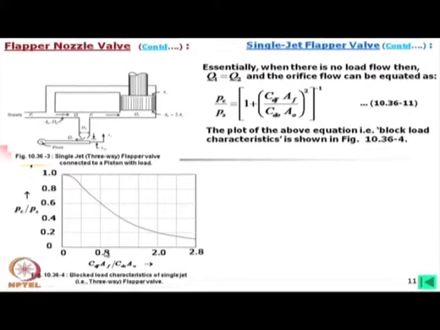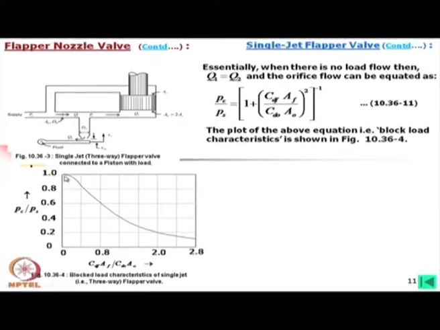Now, how can it be 0? A_f itself is 0, this area is equal to 0. How? This means that this is completely closed. That means x_f in the positive direction is equal to x_f0.